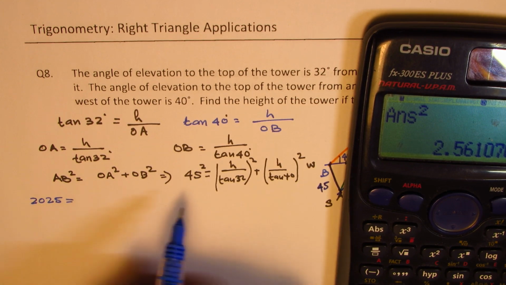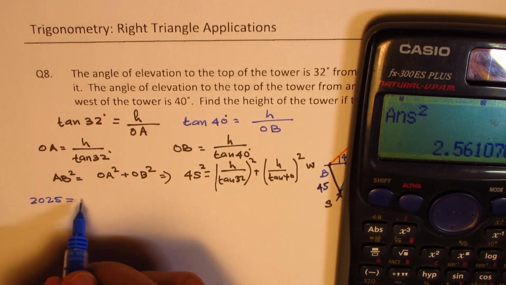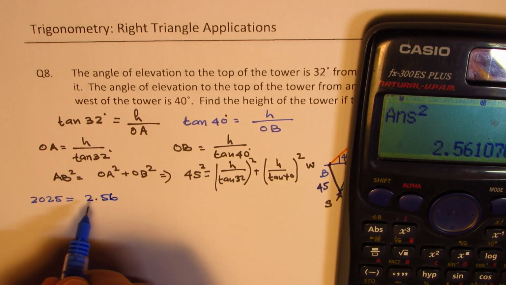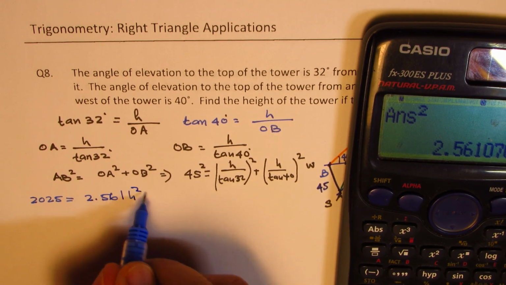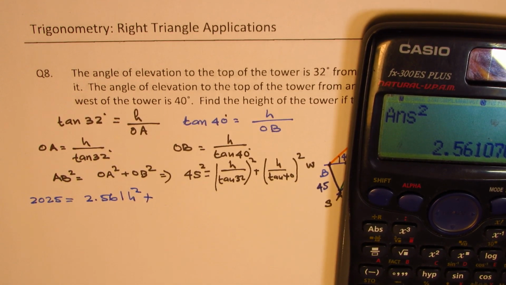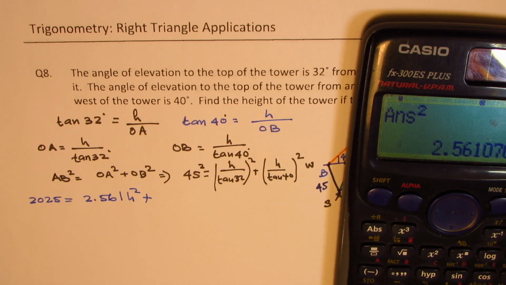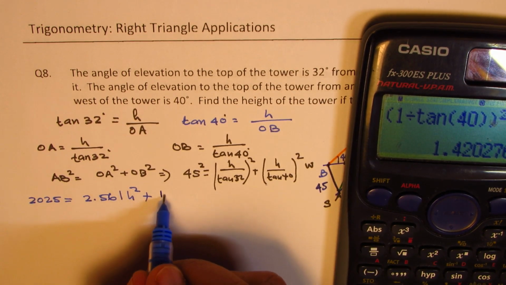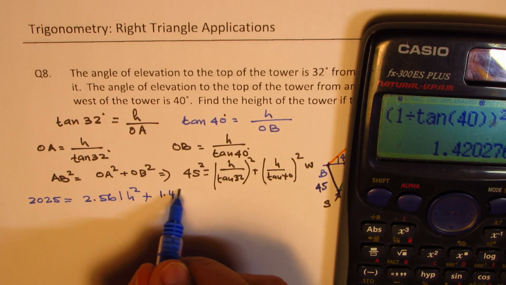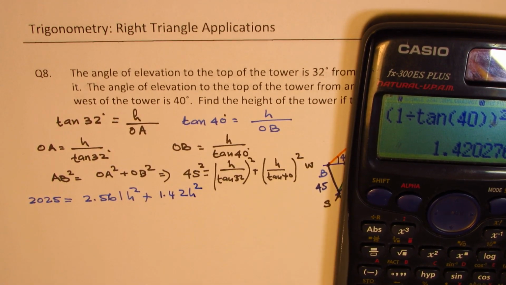What we get is 2.5661 h square, plus here we have 1 over tan 40 square, so 1 divided by tan 40 square is equal to 1.42 h square. Is that clear, right?